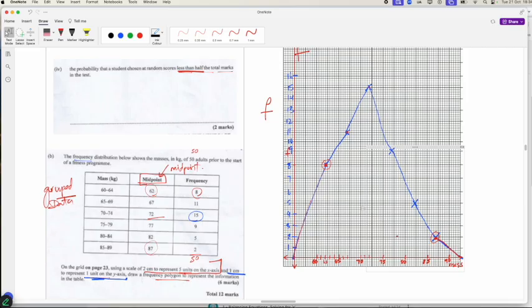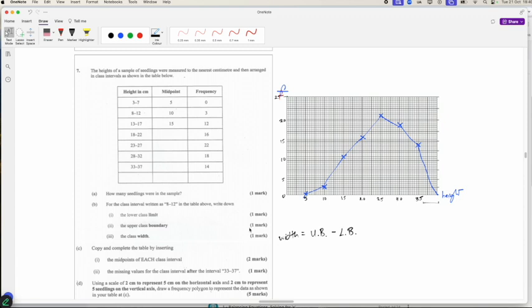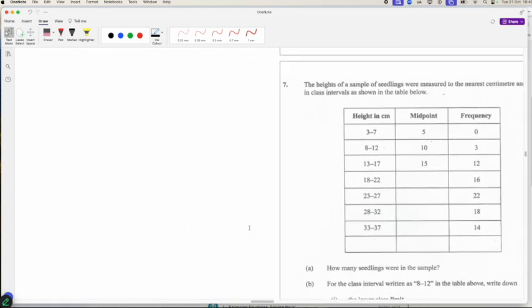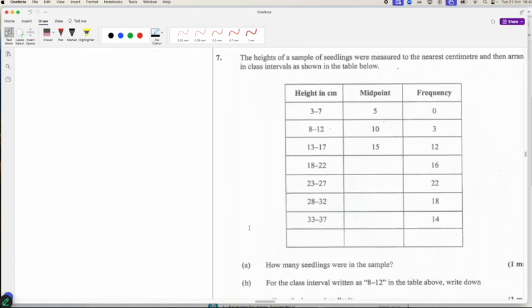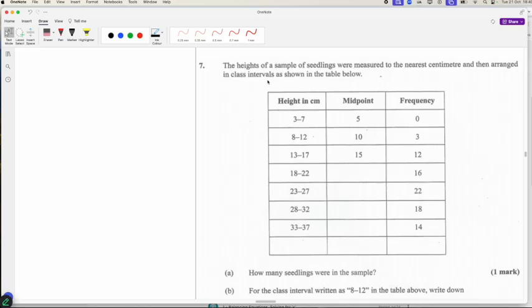So this one here was just a simple draw a frequency distribution polygon from a table, and they were kind enough to give you the midpoint. We do have another one here. Let's take a look at this question before we look at the graph. The heights of a sample of seedlings were measured to the nearest centimeter.